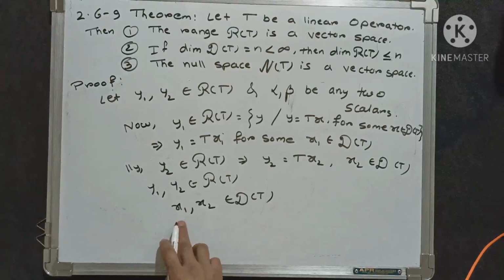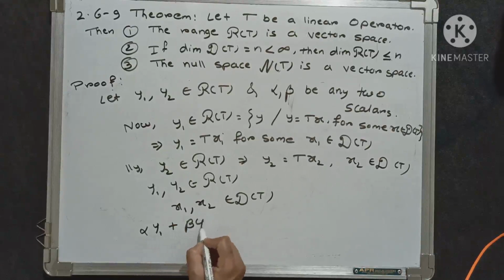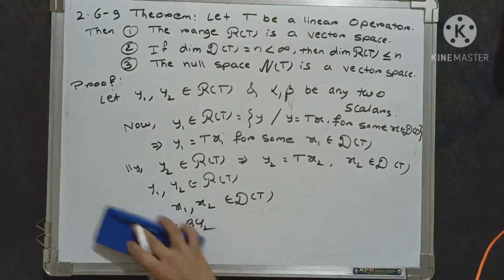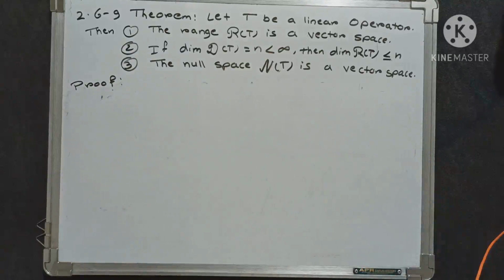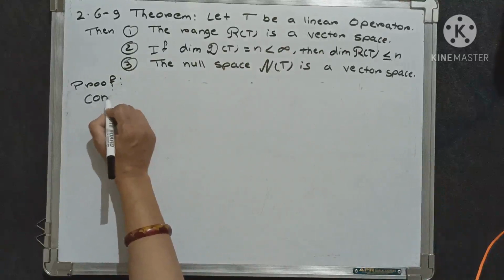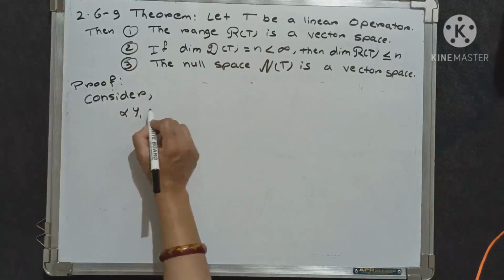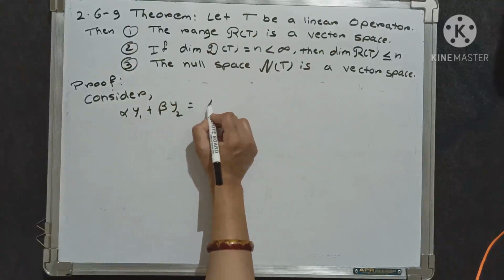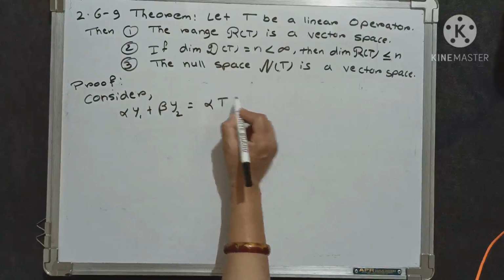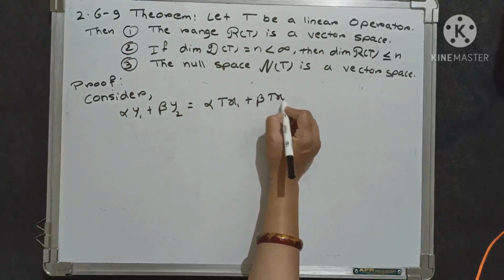Now we consider alpha y1 plus beta y2. We put the values of y1 and y2: alpha into Tx1 plus beta into Tx2.